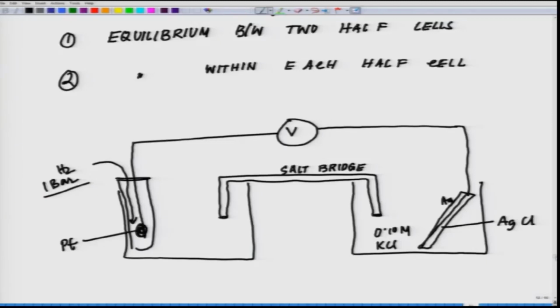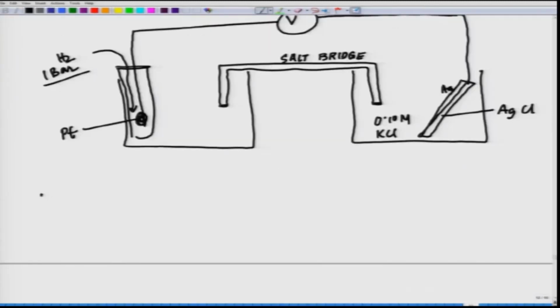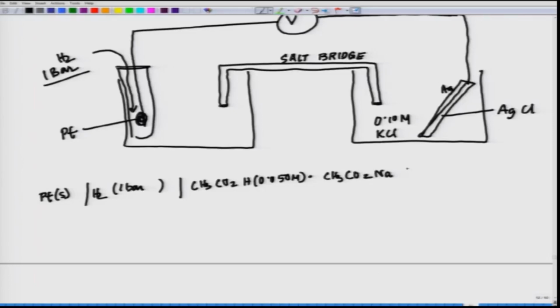And on this side, if I put the cell reaction, this is platinum solid, hydrogen at 1 bar, and this is balancing with CH3CO2H 0.050 mole multiplied by CH3CO2Na with 0.005 mole.